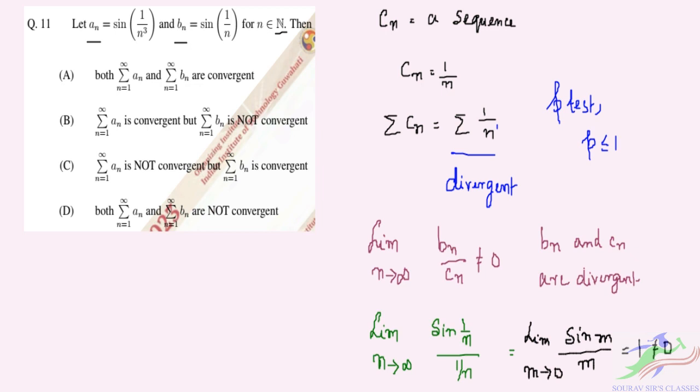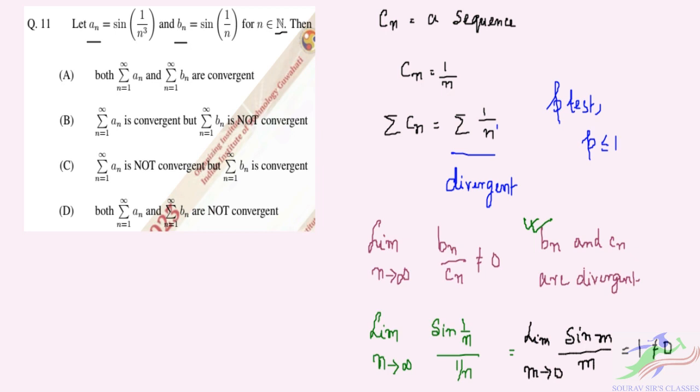That is a non-zero number, so both b_n and c_n are divergent, which holds true in our case. So looking at the options, option A doesn't stand here because it says b_n is convergent, while option B stands here, since b_n is not convergent in this case, and option D is also there, that b_n is not convergent.